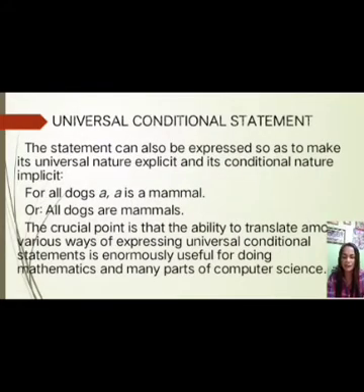If you are a Filipino, then you are hospitable. In some cases, you can also write this using the name of a certain person. Let's say, for example, if Pablo is a Filipino, then he is hospitable. That's the example of how to rewrite the conditional statement.